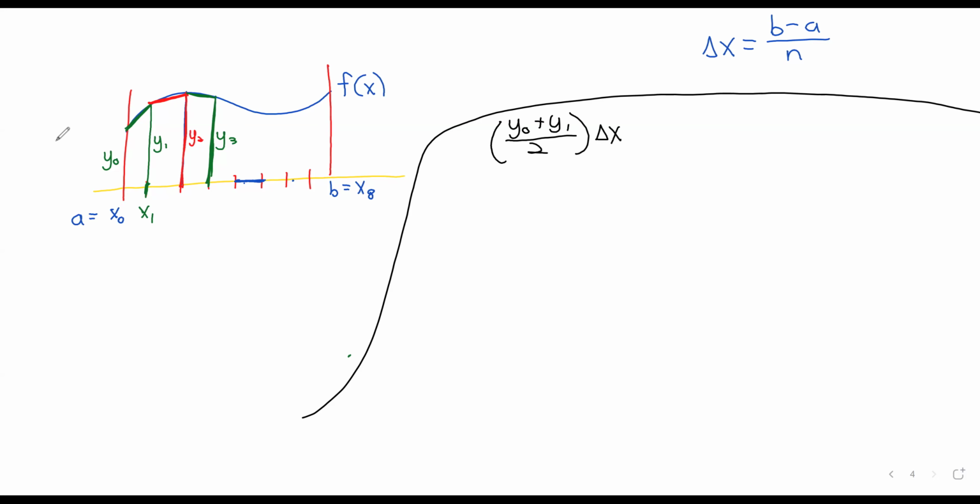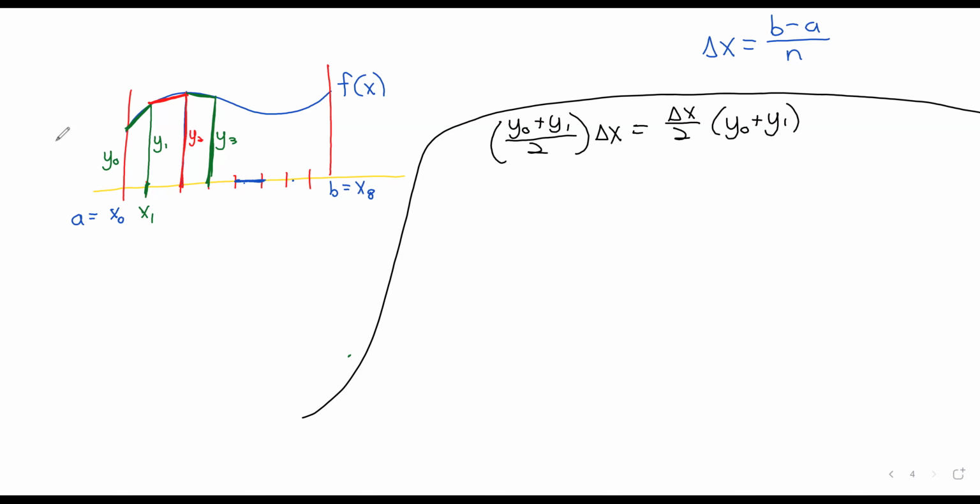And I'm going to go ahead and make the observation that we can rewrite this. Here, 2 is a constant, delta x is a constant. This is delta x over 2 times y0 plus y1.